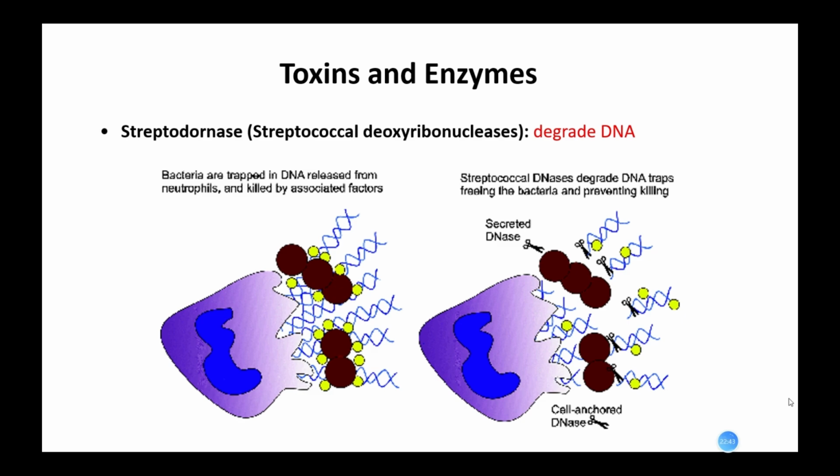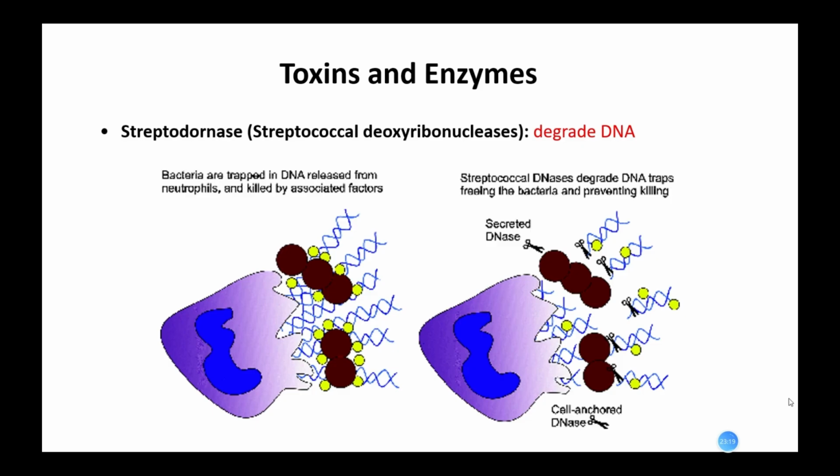So this way, release the DNA to the extracellular, trap the bacteria and kill them. But meanwhile, the bacteria evolved ability to secrete their DNase, to degrade DNA, cut DNA into small pieces. The small pieces of DNA are more fluid. It's not viscous anymore, so that the bacteria can escape from the trap.